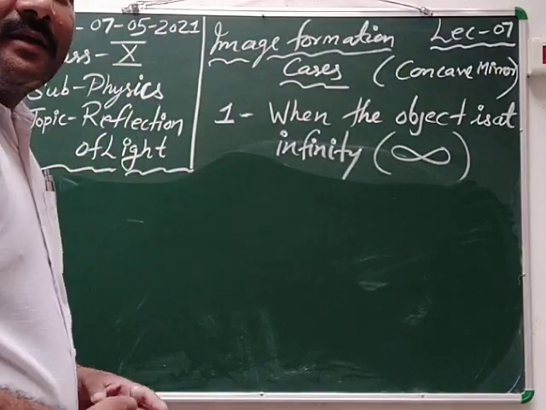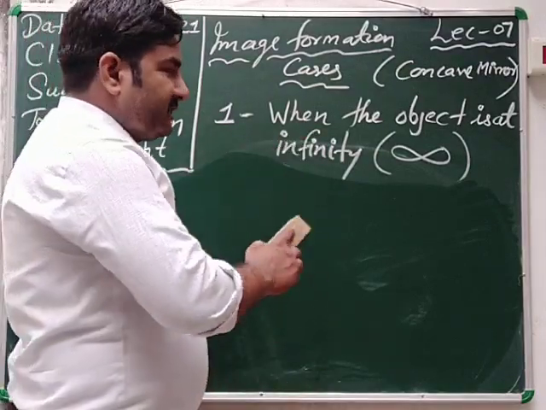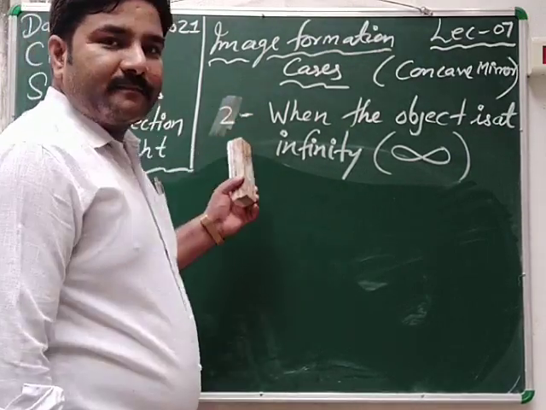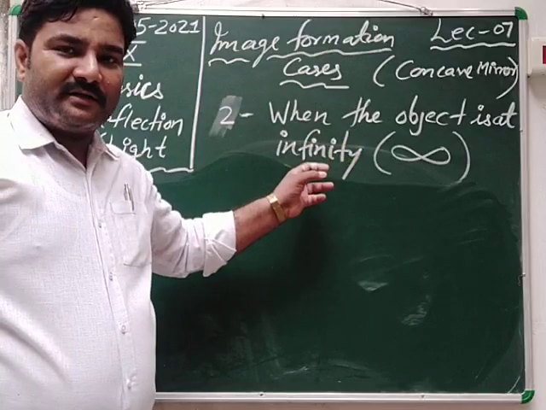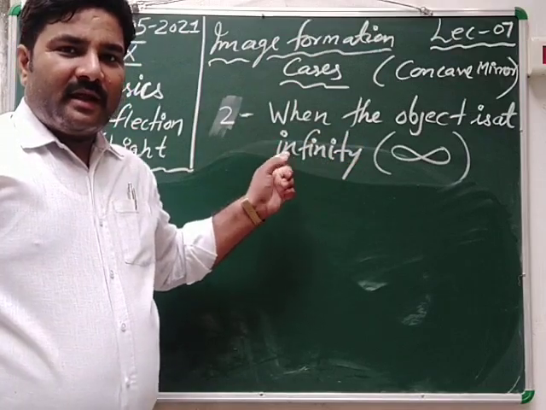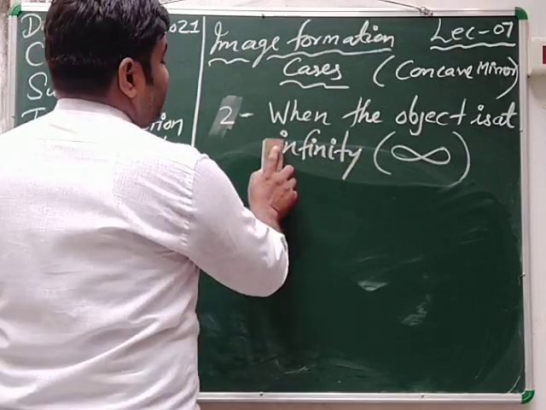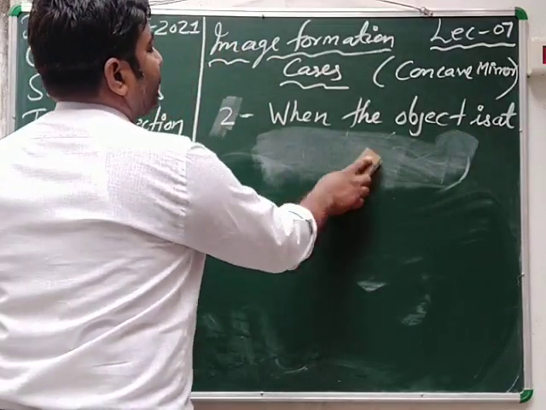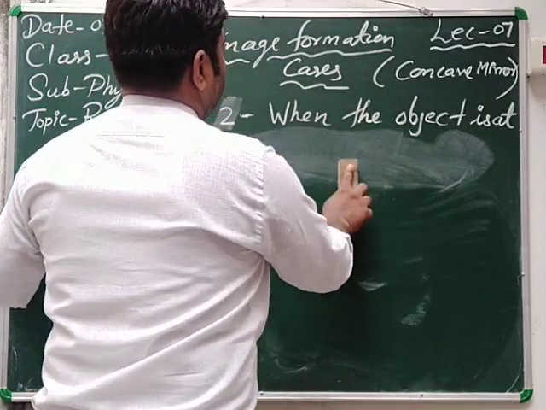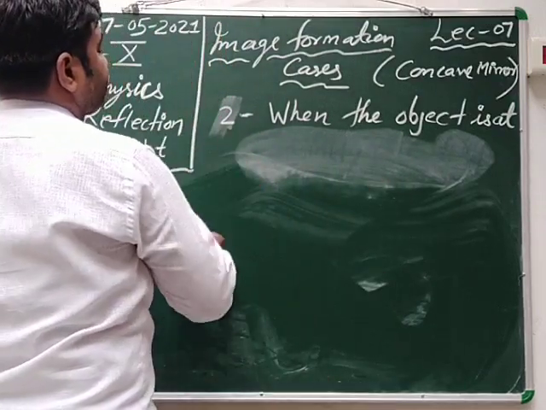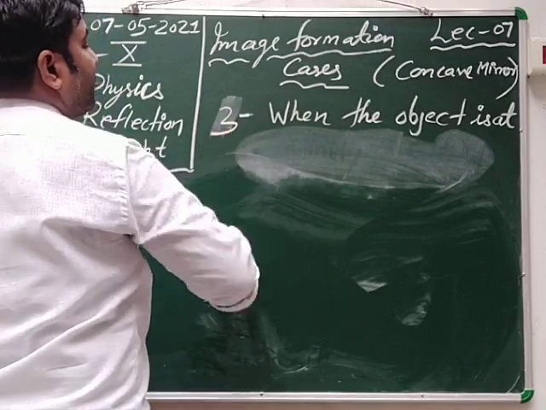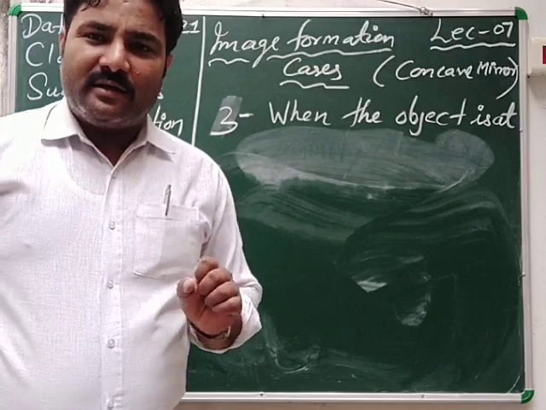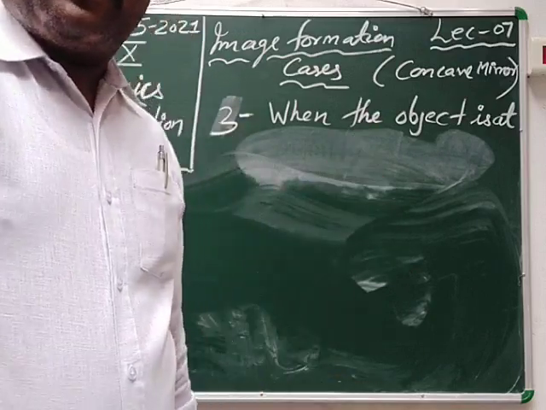Just see, when the object is at infinity, this was the second, not the first. This was the case of the second. When the object is at infinity, just discussed. And then after the second, we will discuss the condition when the object lies at number point 3, because in the second I just forgot to remove the first, but no matter, you will remove it.